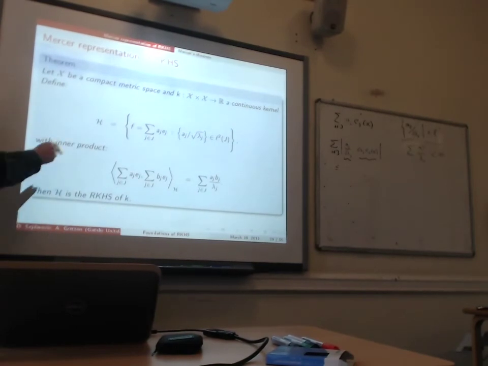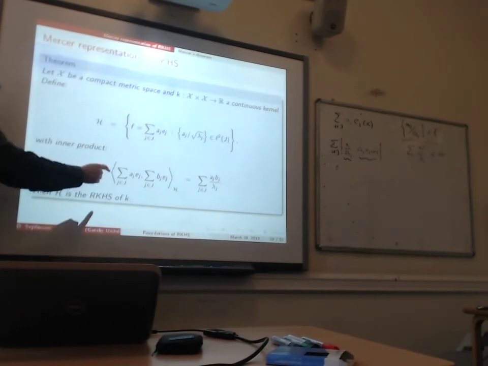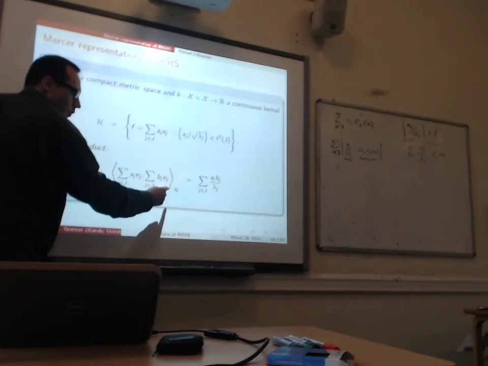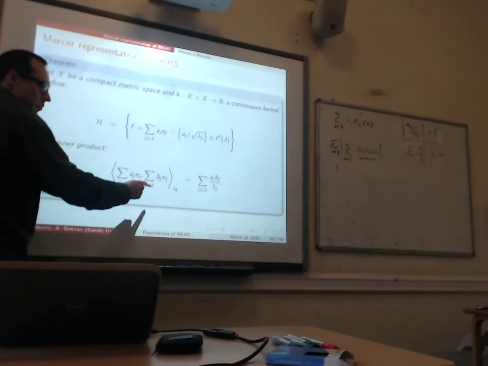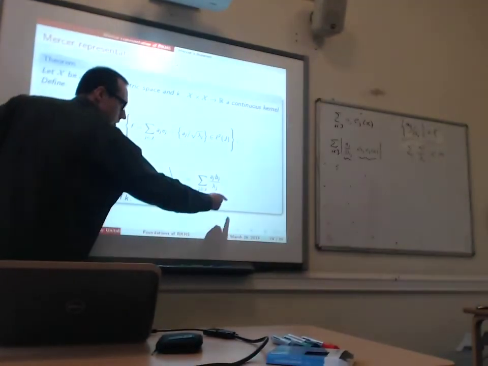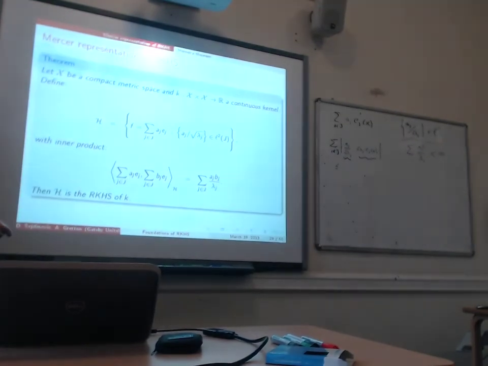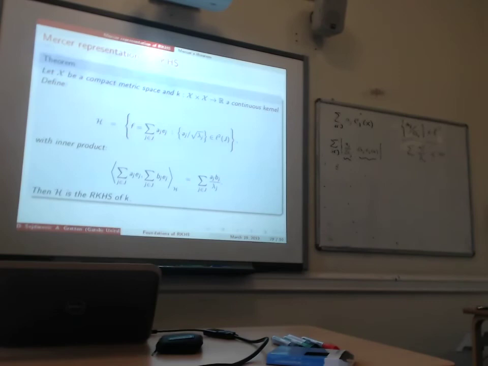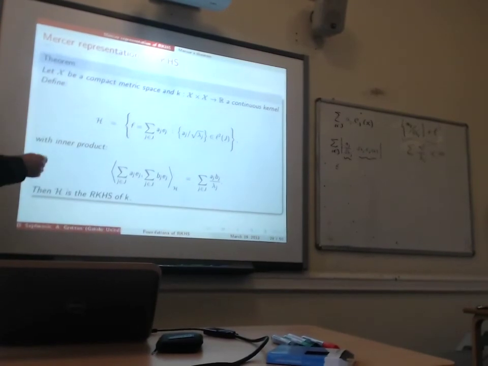I endow this space, which is just a space of functions so far, with this inner product. I say that if I have a function in this form and a function in that form, their inner product is defined in this way. Then this will exactly be the RKHS of K.